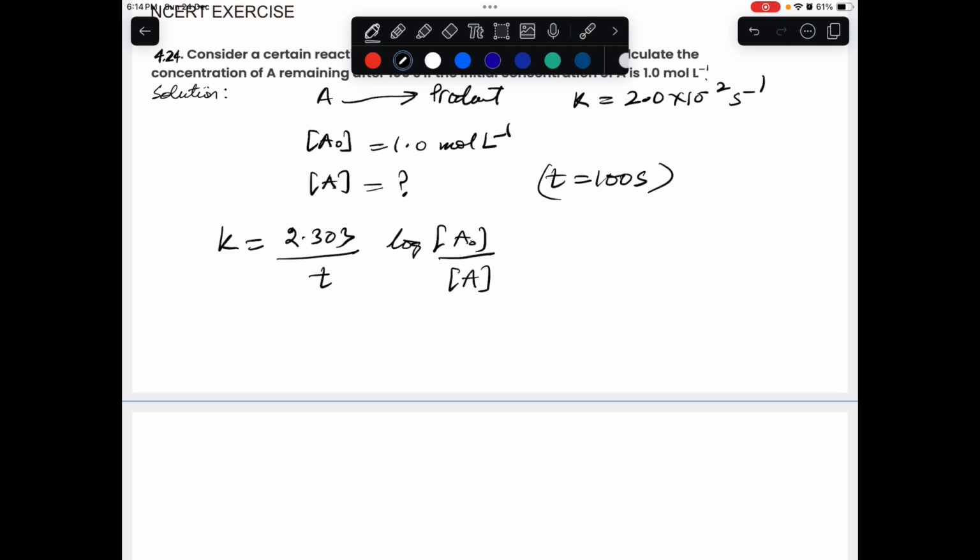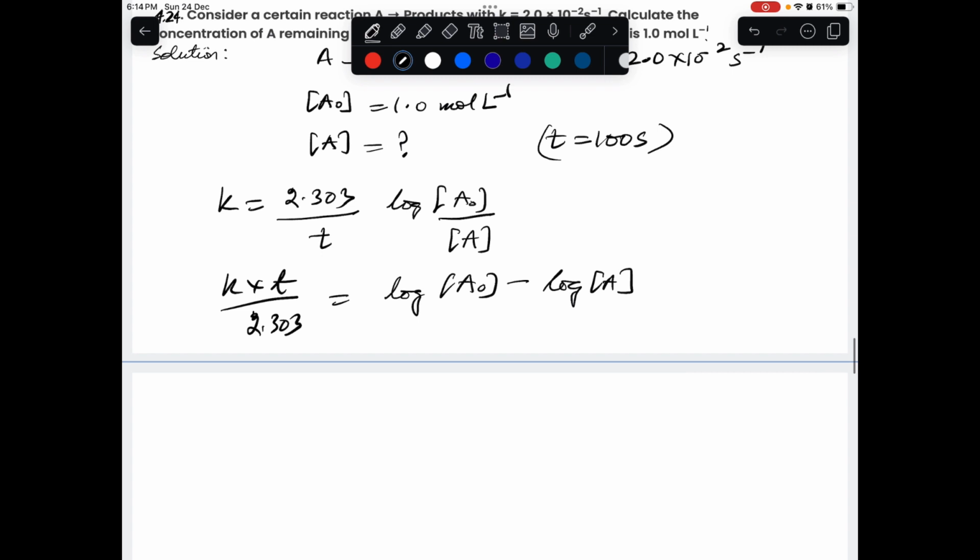So what we have, K into T divided by 2.303 is equal to log of A naught minus log of A. Okay, now we will put down the values.